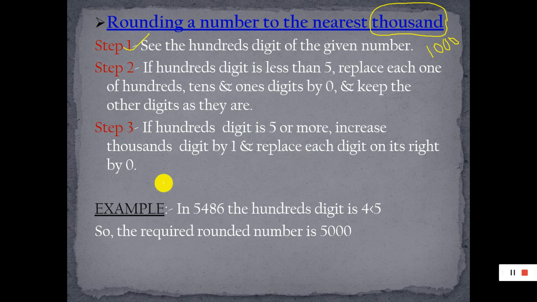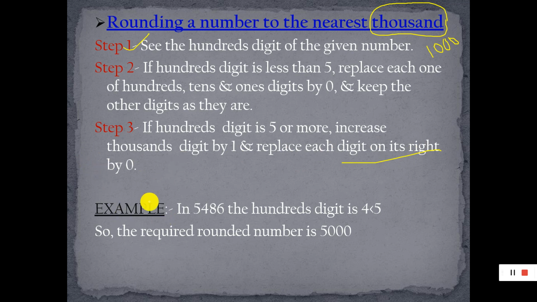So the first step is to see the hundreds digit of the given number. If the hundreds digit is less than 5, replace each one of the hundreds, tens and ones digits by 0 and keep the other digits as they are. If the hundreds digit is 5 or more, increase the thousands digit by 1 and replace each digit on the right side by 0.